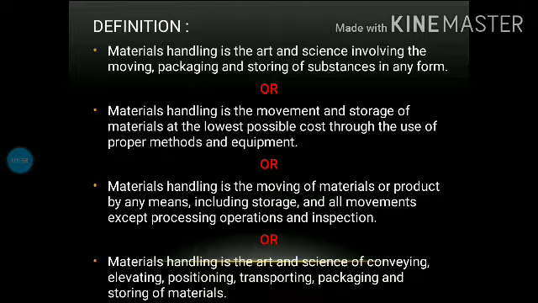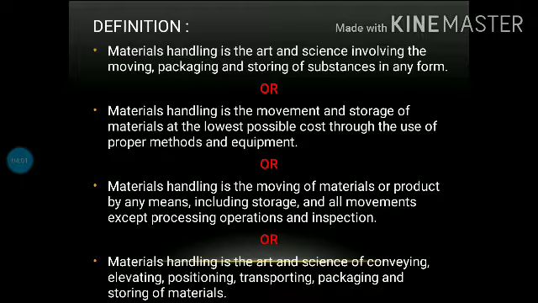Likewise, the assembly process will not come under materials handling. Only the storage, where raw materials are stored and then moved from the store to the machine shop, and the equipment used for that movement, comes under materials handling.